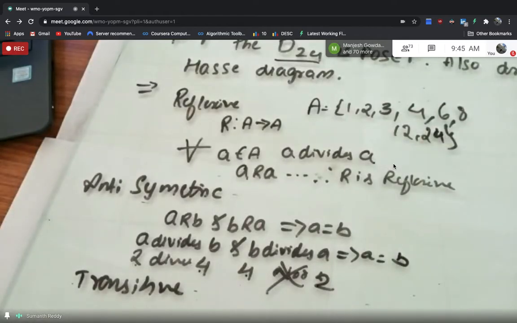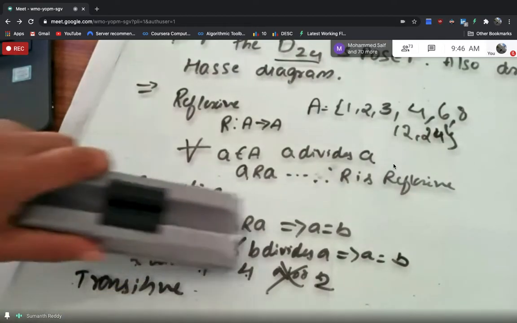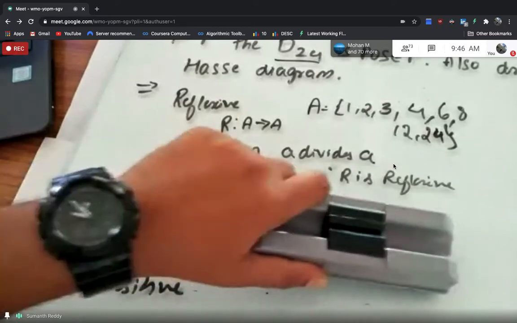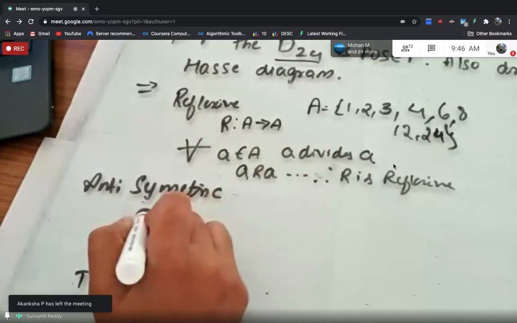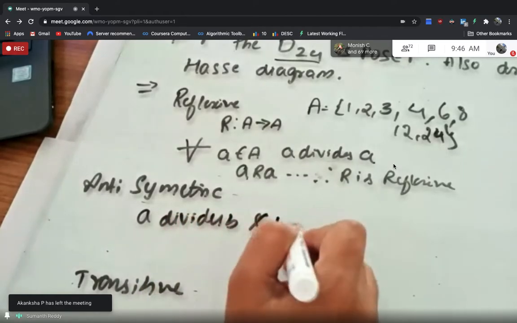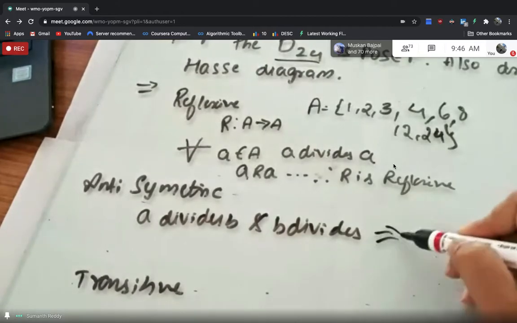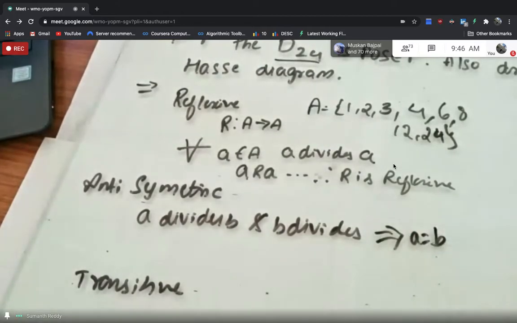Most students get confused with this anti-symmetric property. When a divides b and also b divides a, this is possible only when both numbers are equal. So I can say a is equal to b.